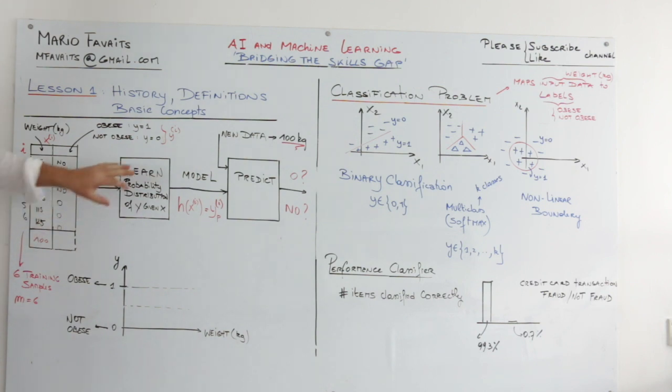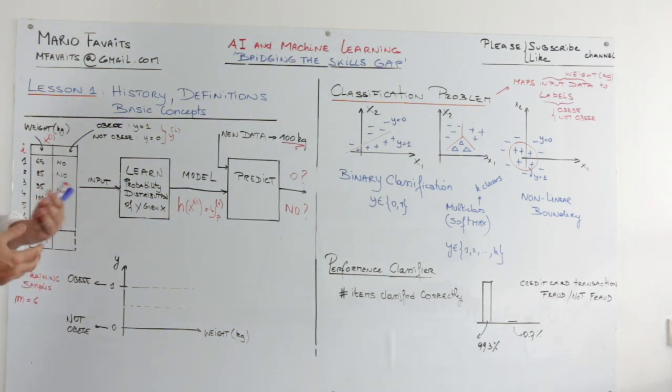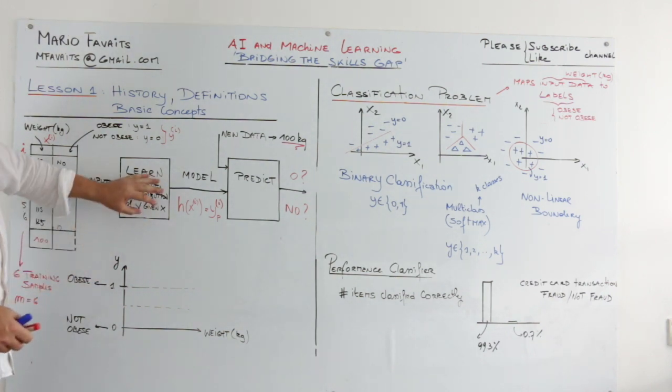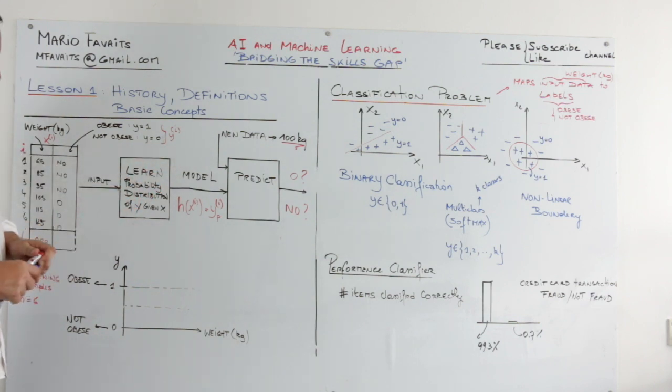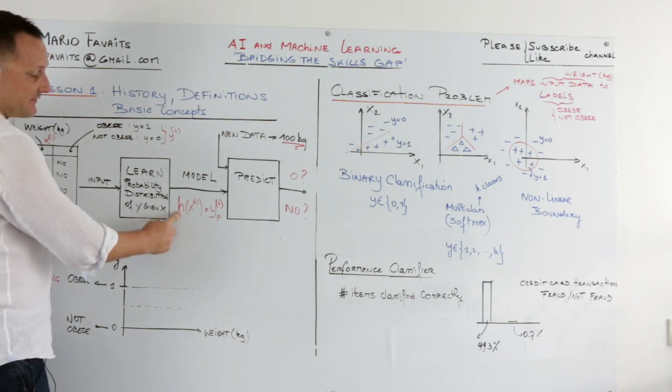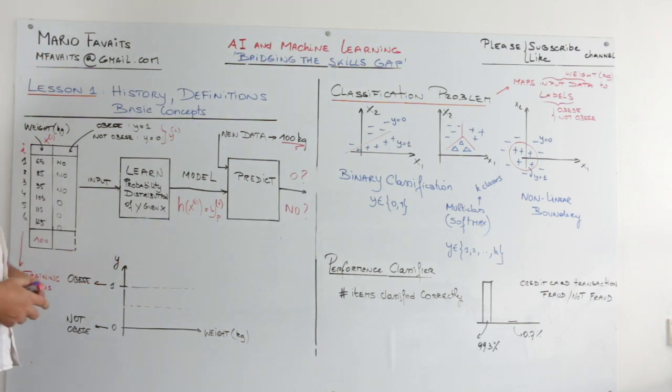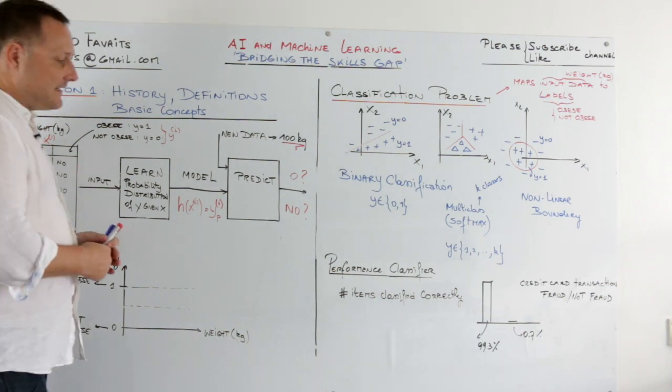The computer now will learn the probability distribution of having a tumor given the weight. I don't want to go into detail at this point. We'll talk more about this when we discuss classification algorithms. But here again, it's a hypothesis working on the x of i that gives you a predicted value of y.